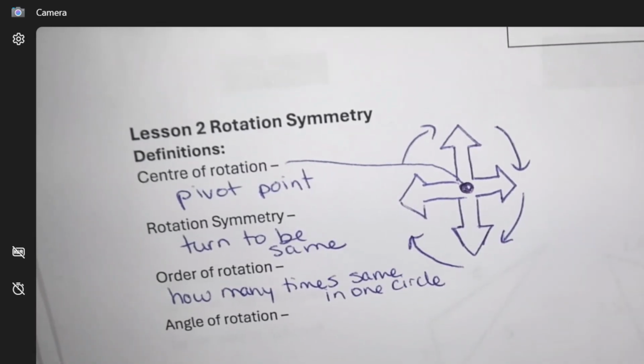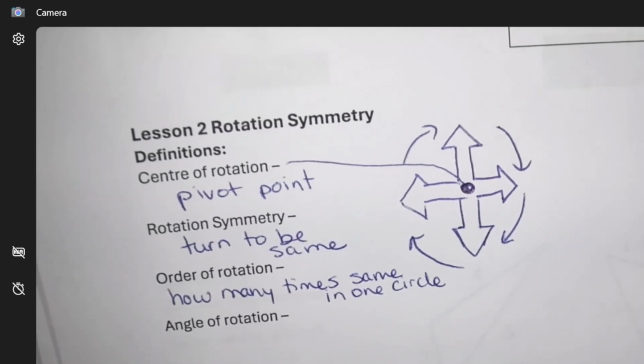Order of rotations: how many turns you could do for it to be the same within one circle rotation.